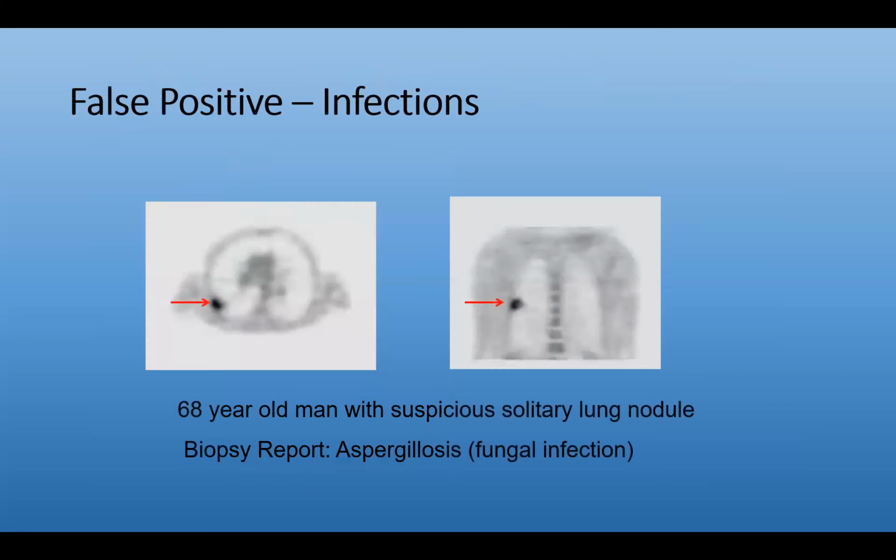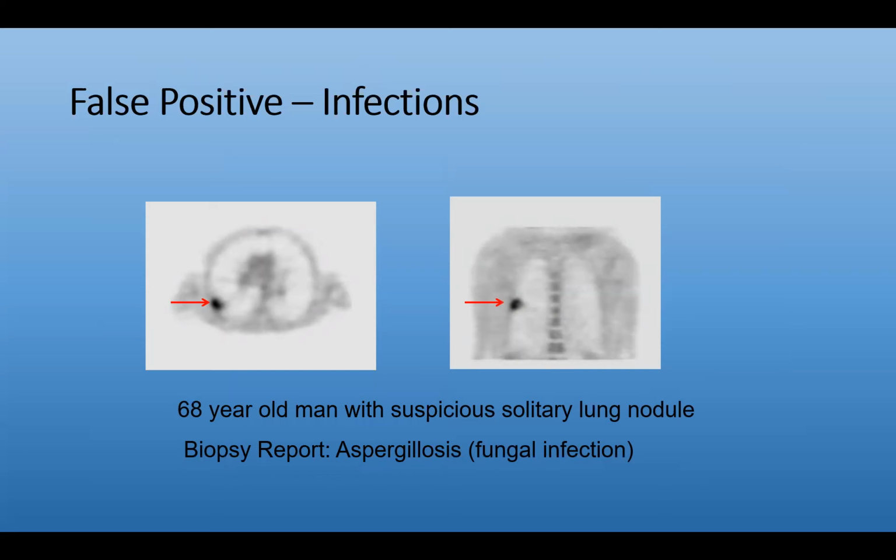Infections. This was a 68-year-old male, and he had a CT that showed a suspicious solitary lung nodule. So they were worried that it might be malignant. Sent up for a PET scan, and sure enough, that lesion lit up, right?